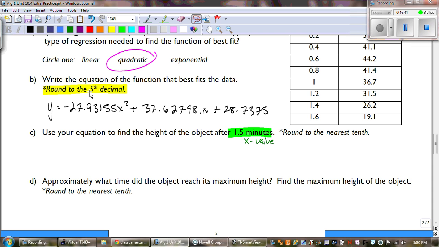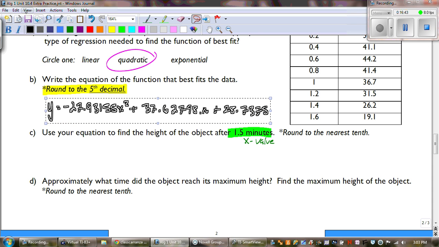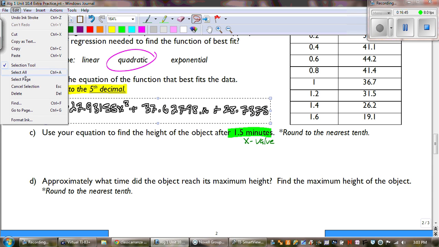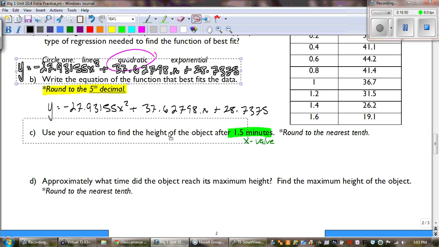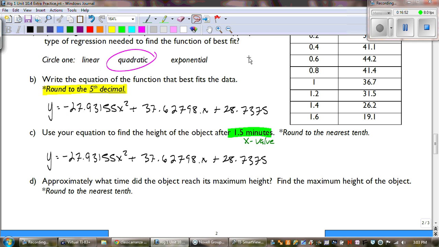So I'm going to copy this equation. And everywhere I see an x, that's what we're going to plug in. Okay, so 1.5 squared, 1.5. All right, guys, go ahead and plug that in.